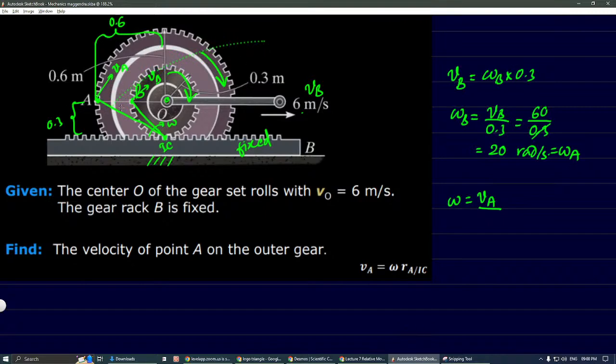This is the hypotenuse, no? Adjacent is this, opposite is this.